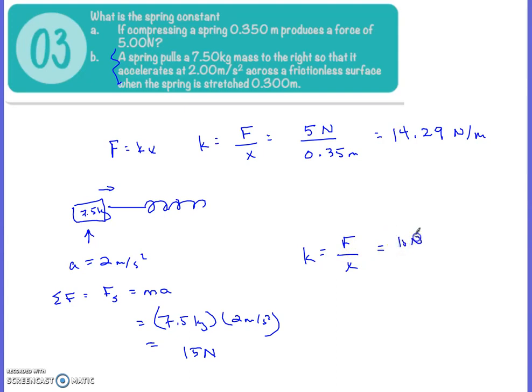So 15 newtons is the spring force, and the spring is stretched 0.3 meters, and so 15 divided by 0.3 equals 50 newtons per meter.